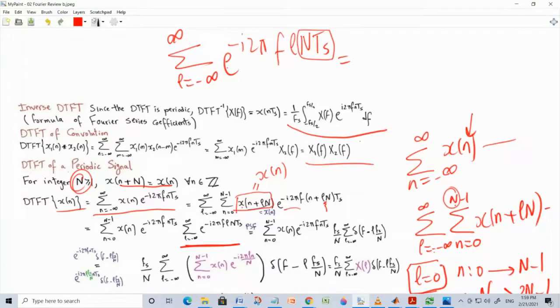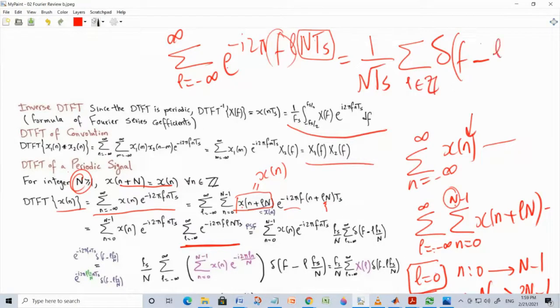According to the Poisson summation formula, or the Fourier series, you can understand it in a number of ways, but this is now given by an infinite sum. This guy appears here as a reciprocal, and then you have delta, and then you have this variable f minus, if we call this index L, with L in Z, L over N Ts.